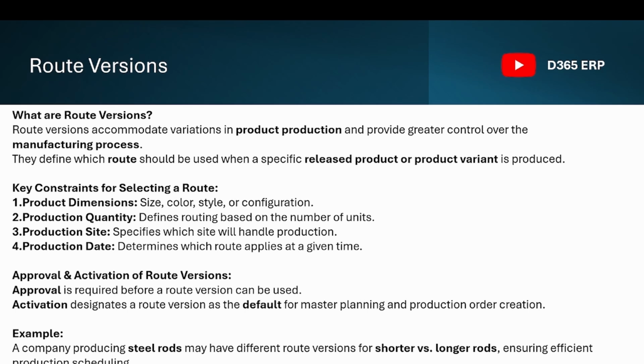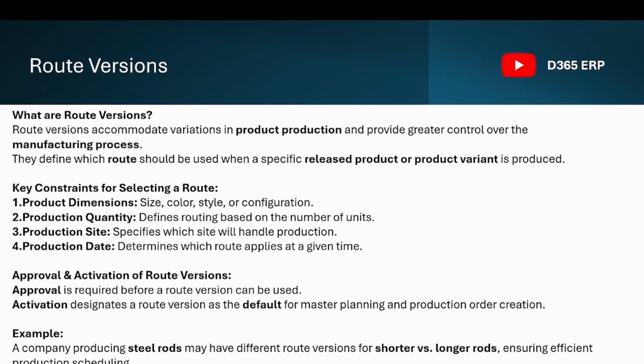As you remember, in the BOM you have the BOM version. Similarly for the route we have the route version. A route version accommodates variations of production and provides greater control over the manufacturing process. It's the key concept for selecting the route process. The first is product dimension.